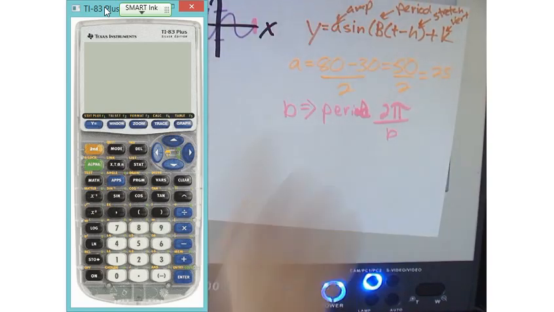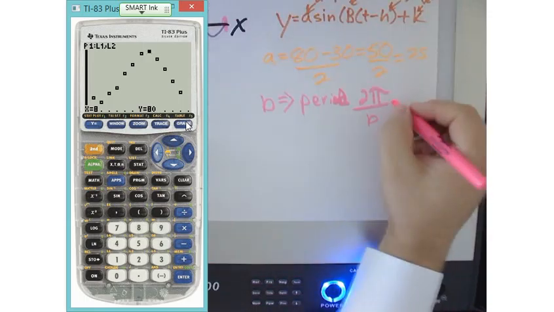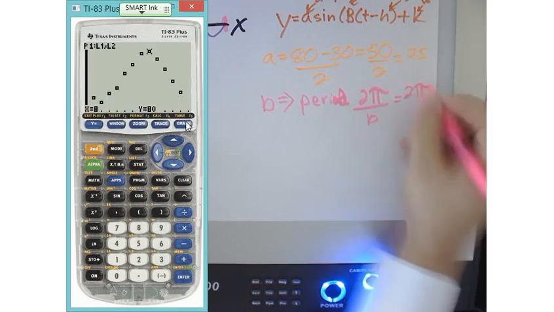in this graph, the x-axis represents the time. How much time goes by before we reset the cycle? A year. A year, which is how many months? 12. So 2 pi should be equal to 12 months, right?